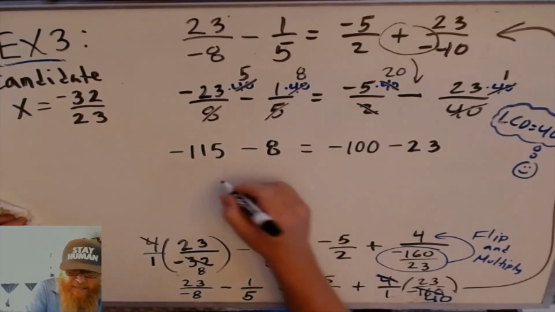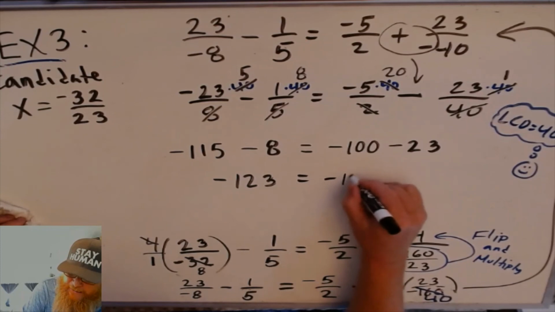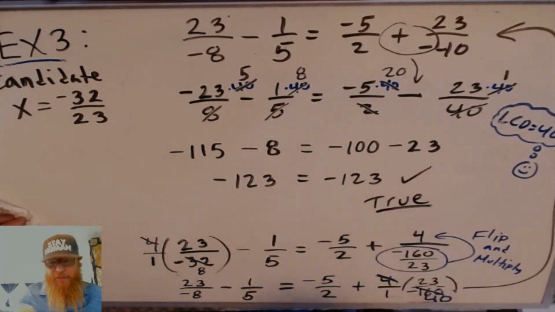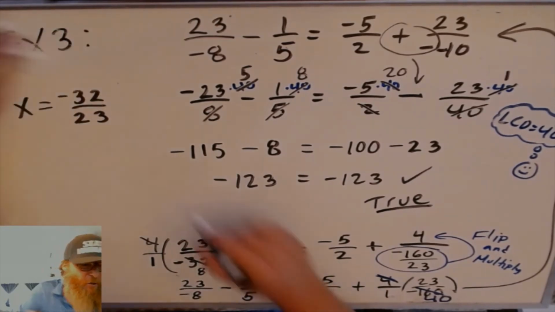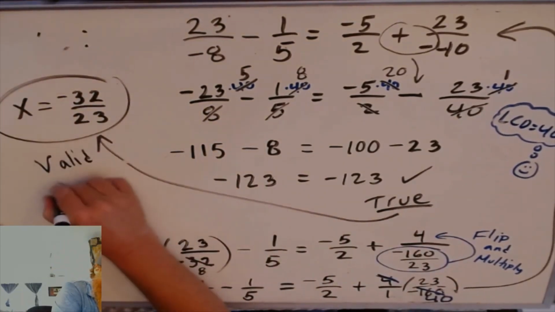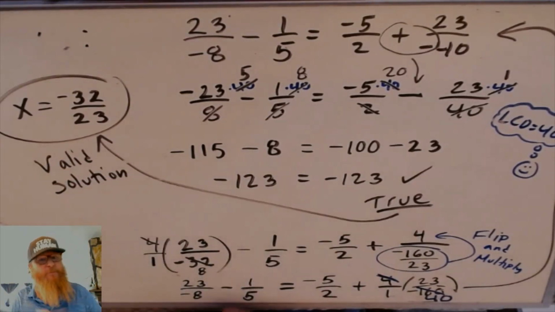The left-hand side says negative 123. The right-hand side is also negative 123. Check. This is true. And so this is no longer the candidate. This is a valid solution. Or you can just say the solution.